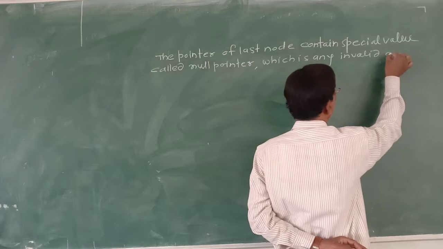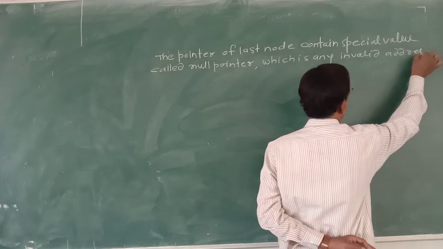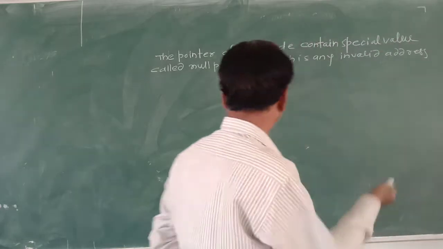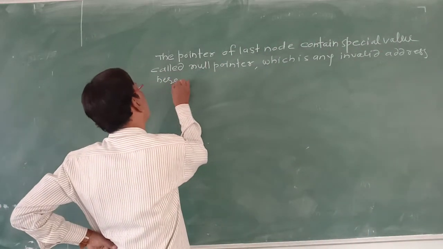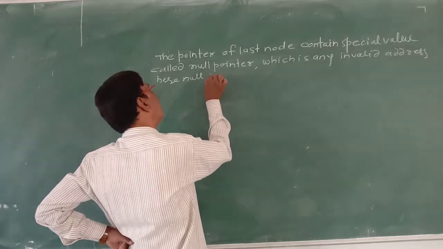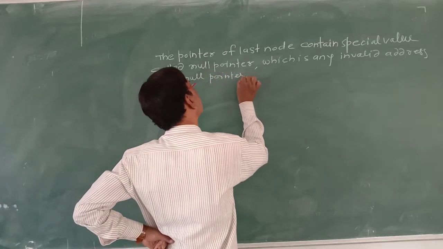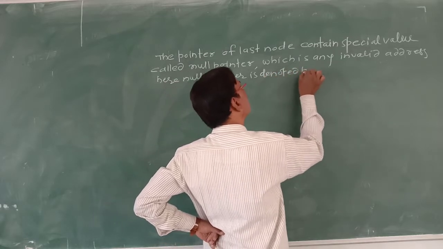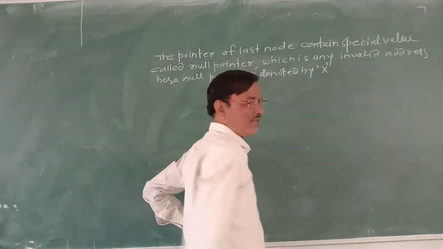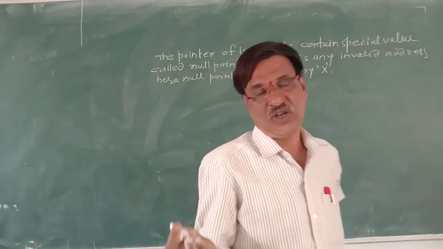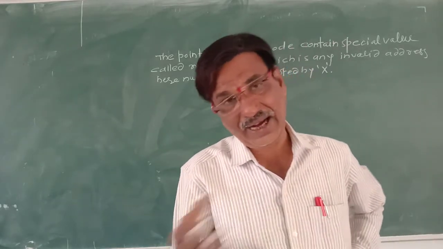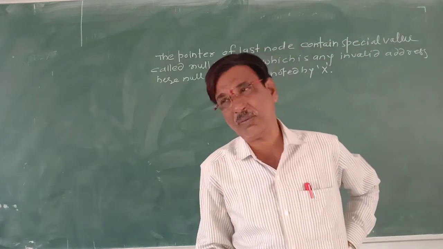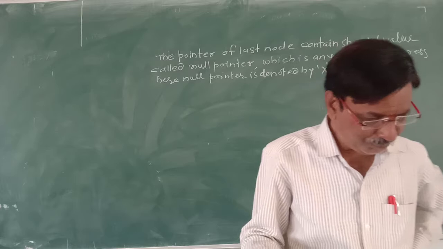Here in our diagram the null pointer is denoted by X. But in practical reality, the address of the next node is given by some value, which may be a negative value.